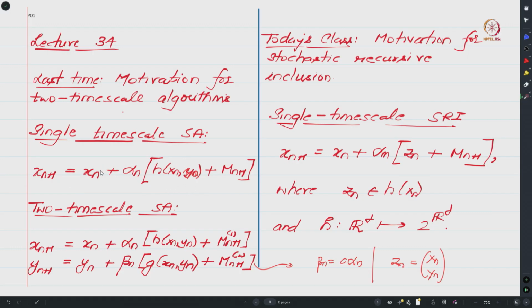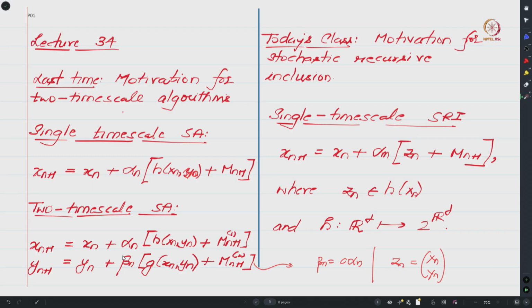So whenever alpha n and beta n are of the same order, even though we may write it this way, that algorithm can still be viewed as a single time scale algorithm. So what makes such an algorithm 2 time scale is the fact that alpha n and beta n are of different orders.